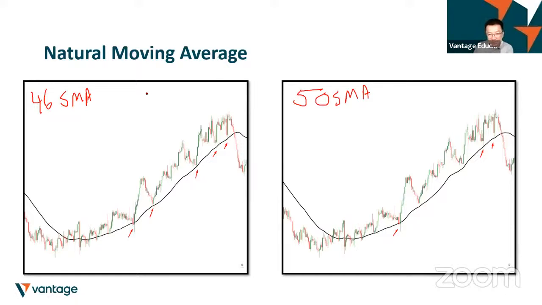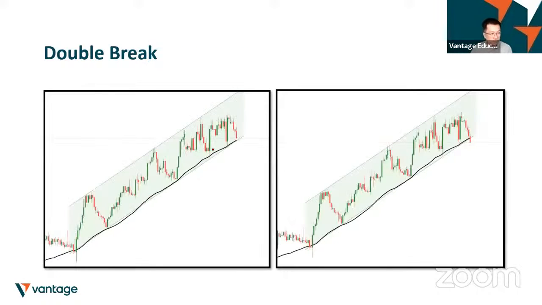So it's not always 50 trading days to set up the 3-month or 2-month period; a 46 SMA could set up that period more accurately. That's why we consider the natural moving average, and we see that price hits the MA as a support level to push towards the upside. Okay.